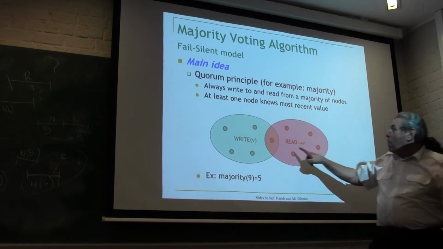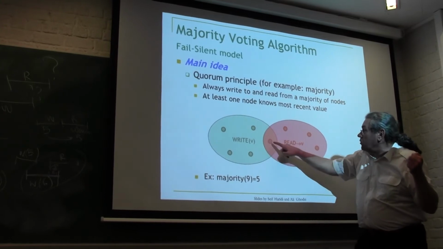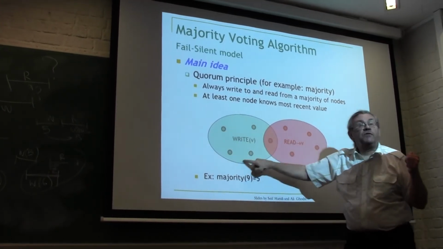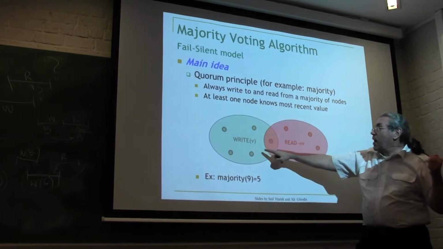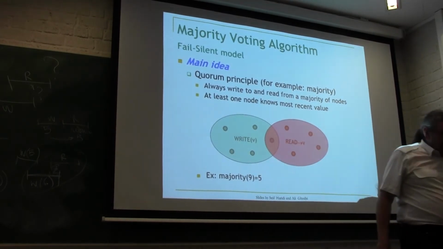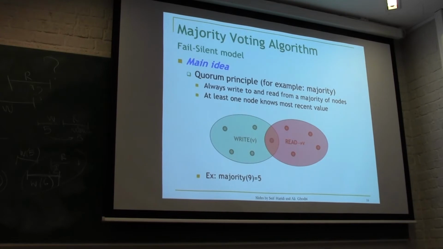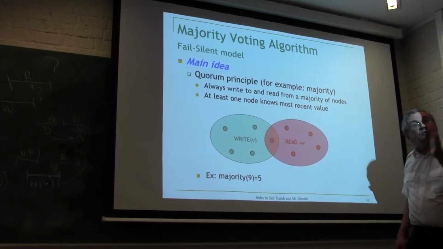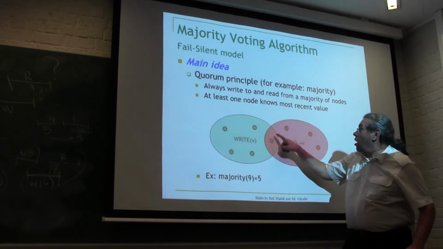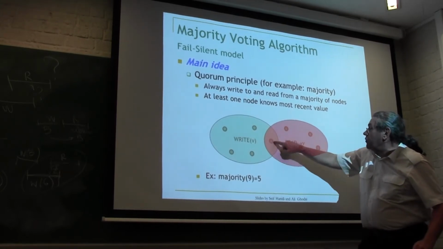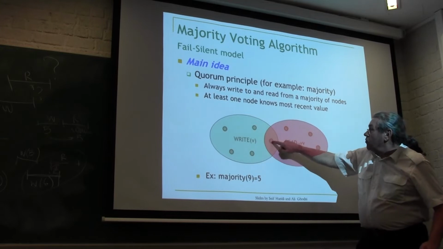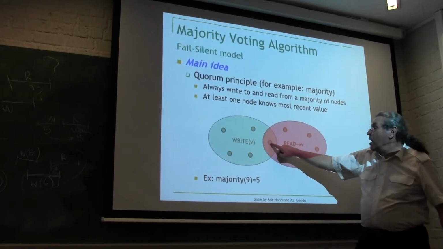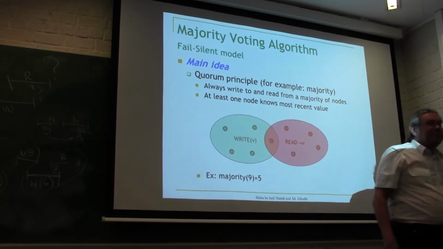And so you're guaranteed that the read will have seen the most recent value. And the write will use sequence numbers. So when you do more than one write, you can always tell which is the most recent one. You count them. So the read will look at all these nodes, and it will pick the most recently written value. And you're guaranteed it'll be the most recent write.